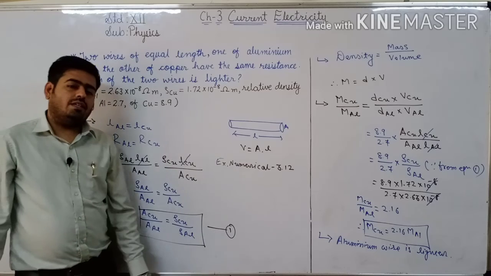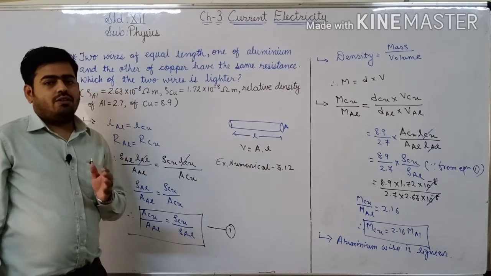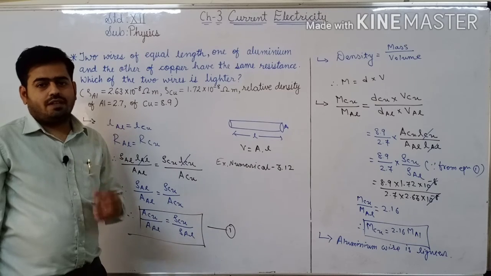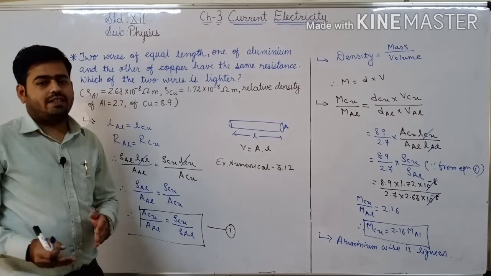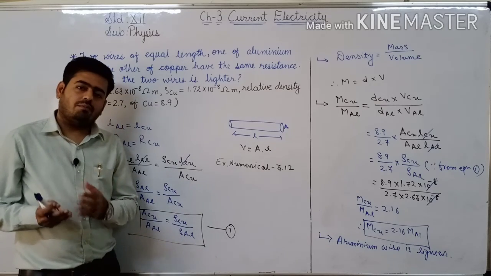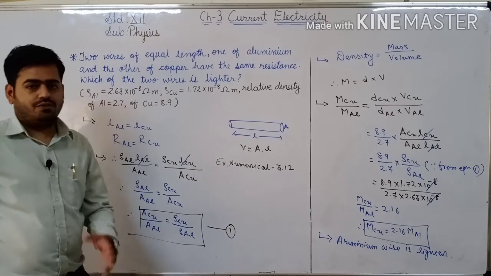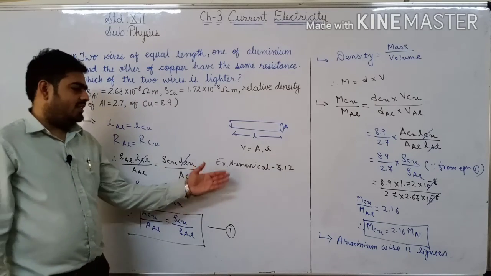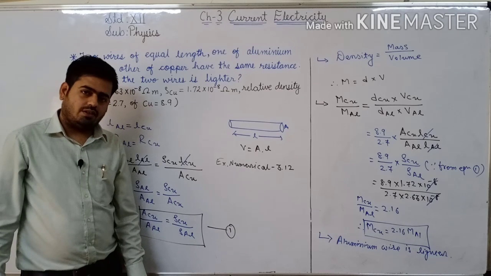This is a numerical based on theory of potentiometer. Just you have to apply the formula for comparison of EMFs. When we compare the EMF of two cells at the time, E1 by E2 is equal to L1 by L2. Just that formula you have to apply in this numerical and you will get the answer. Very simple numerical it is. Try to solve this numerical 3.12.